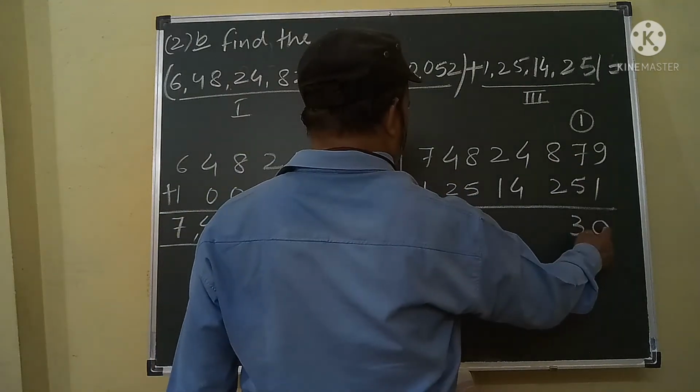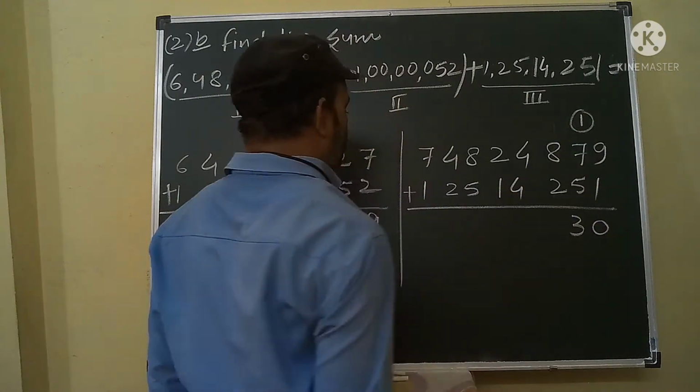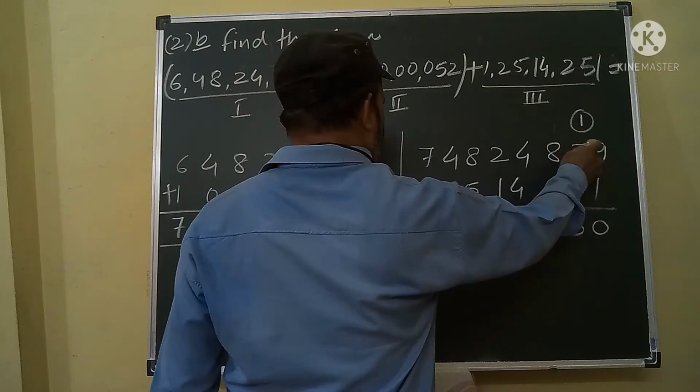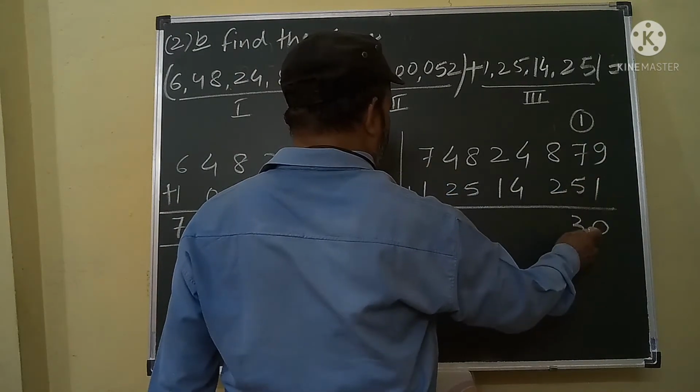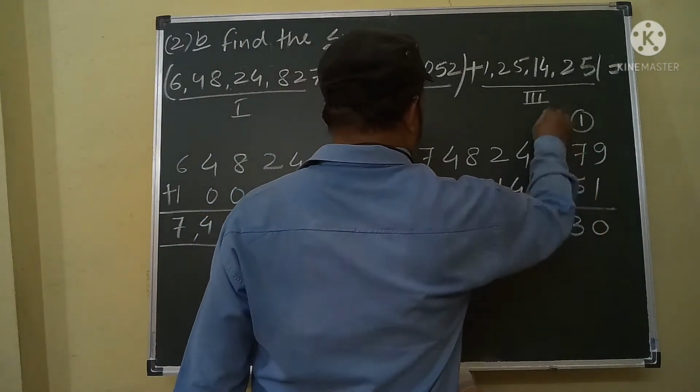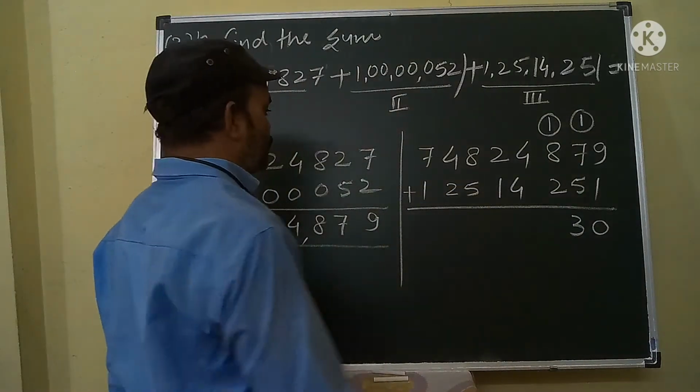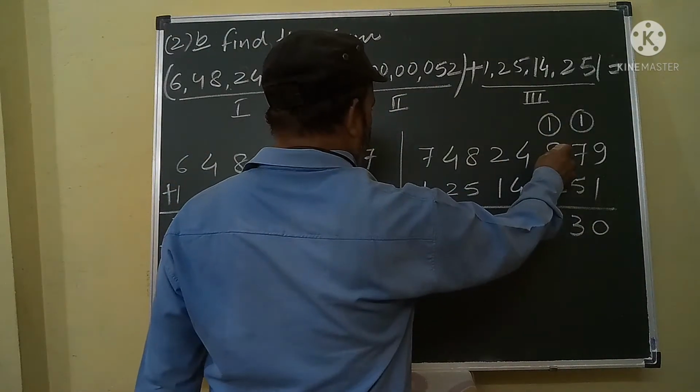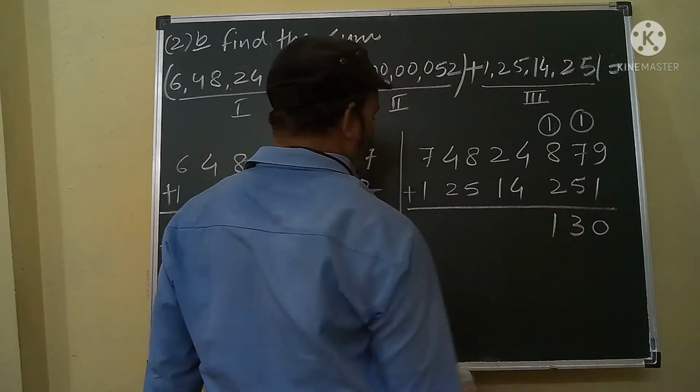This is 3, carry over is 1, 1 plus 8 9, 9 plus 2 11.